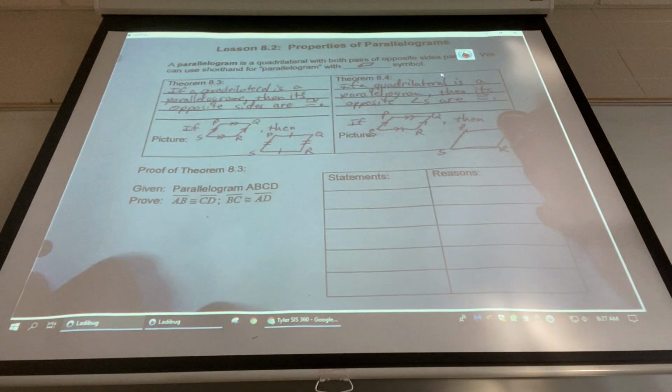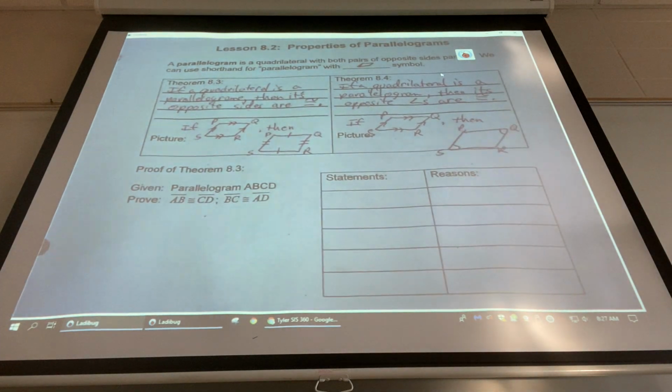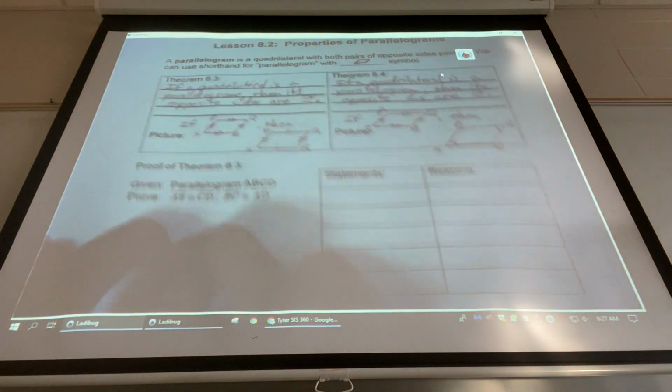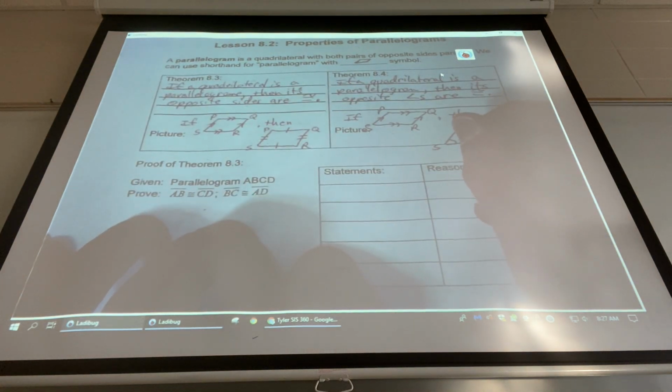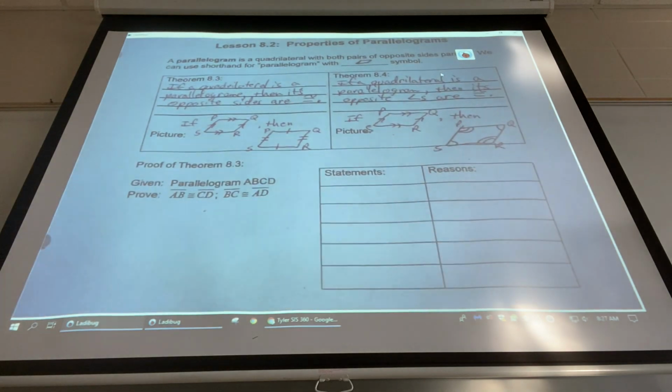Arc marks. But they're not all the same, are they? Just opposite angles are the same. So let's go, you can either go double arc marks, or you can do an arc mark with a tick mark. Let's do that. All right, are you guys cool with that?